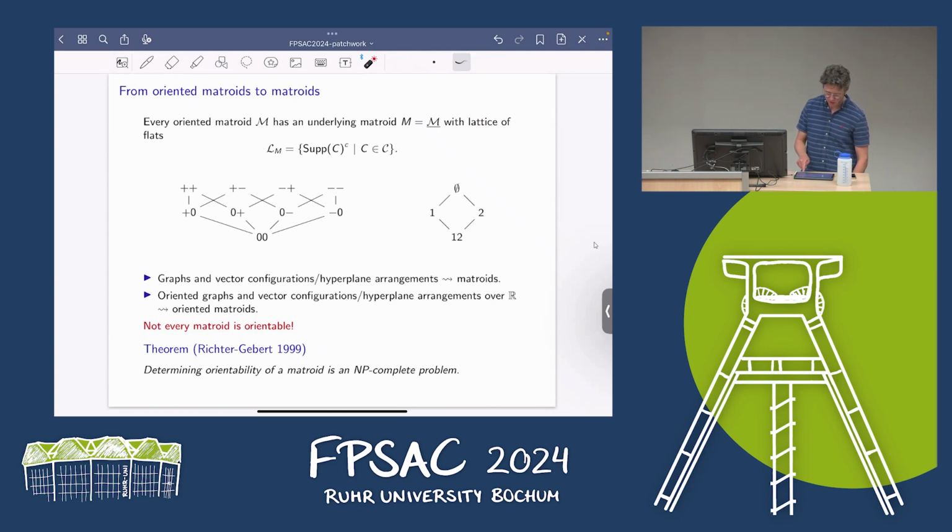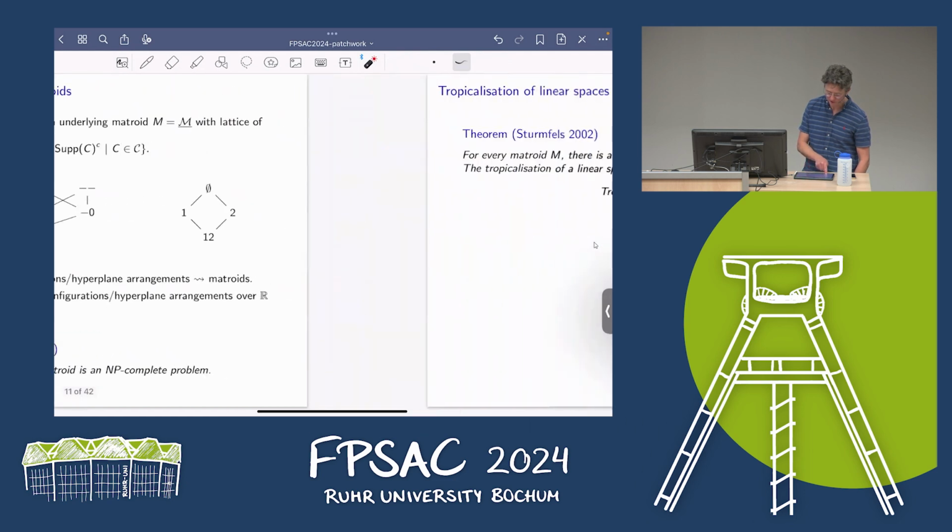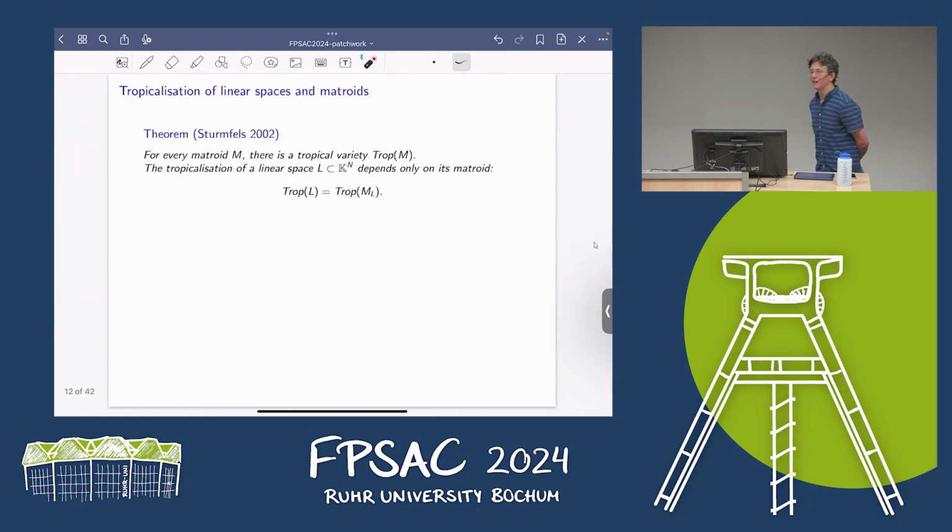As I mentioned before, matroids play a strong role in tropical geometry, and the connection was first given by Sturmfels in 2002. It says that every matroid, whether it came from a graph, a hyperplane arrangement complement, or was not representable over any field, we can still construct a tropical variety of it. I will say a little more about what these look like on the next slide.